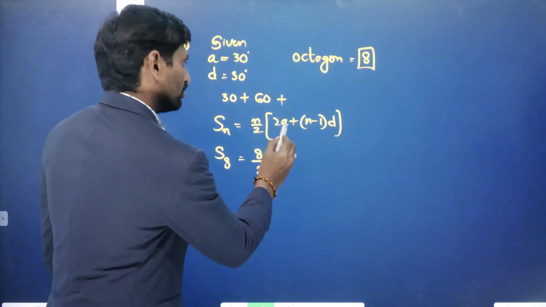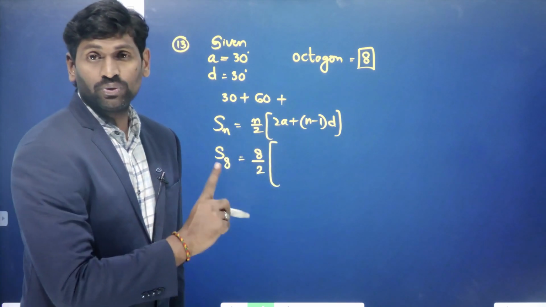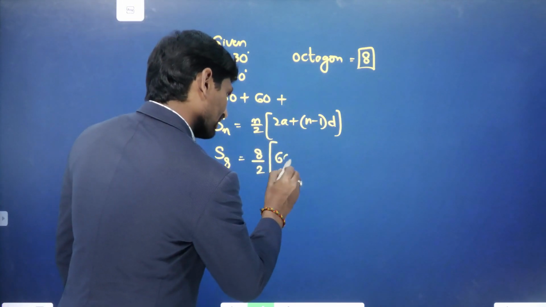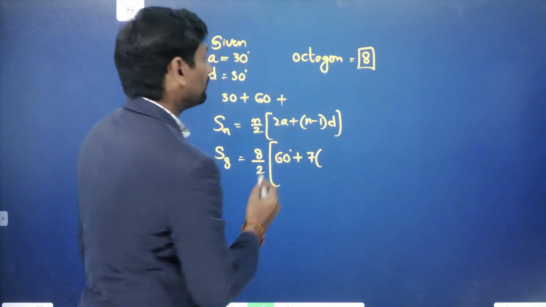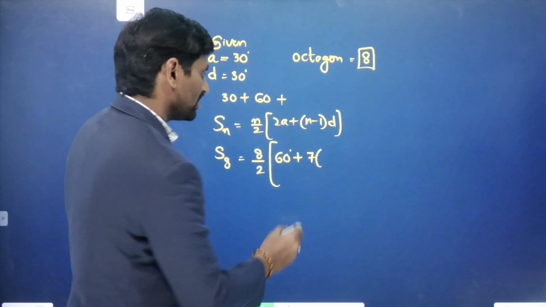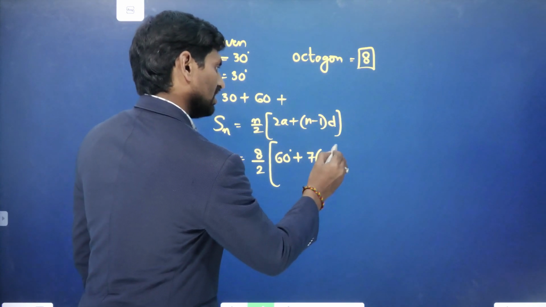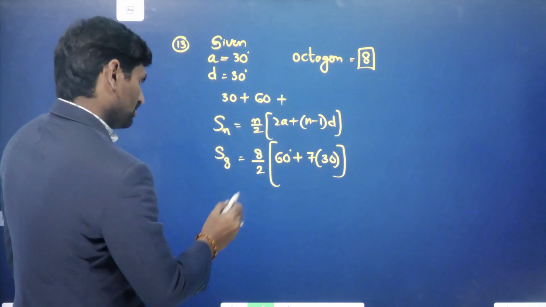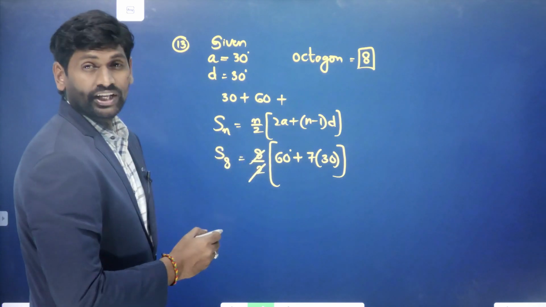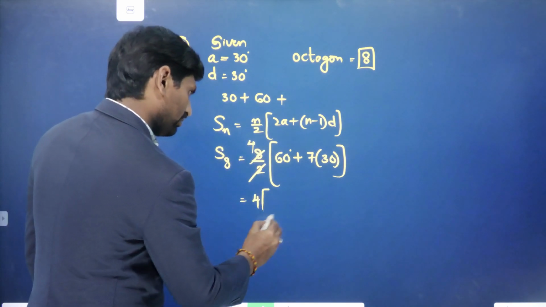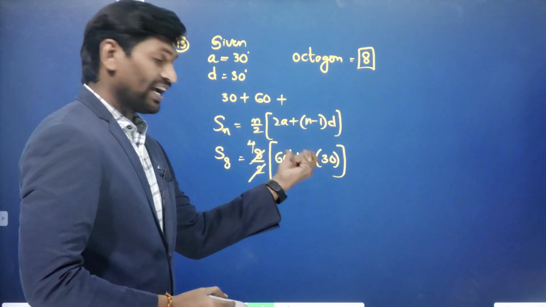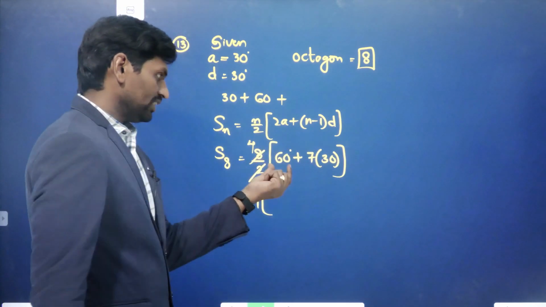The first term, 2a, the a value is 30, 2 into 30, 60. The n value is 8, 8 minus 1, 7. 7 into the common difference, that is also 30. So that is equal to 2 table in 8, 4 times. 4 into 7, 9 thirties actually. Here 2 thirties, here 7 thirties.